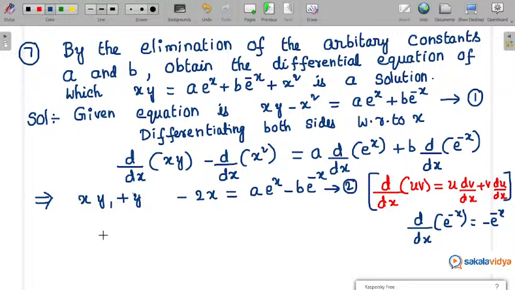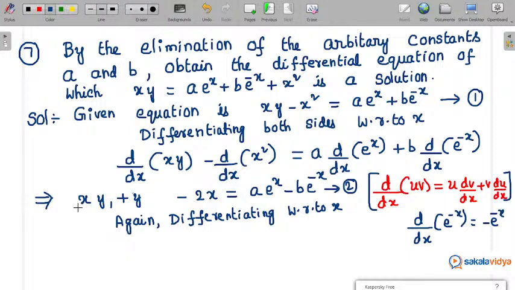Again differentiating with respect to x. Why should we differentiate again? Do you have any idea? Yes, we have two arbitrary constants.